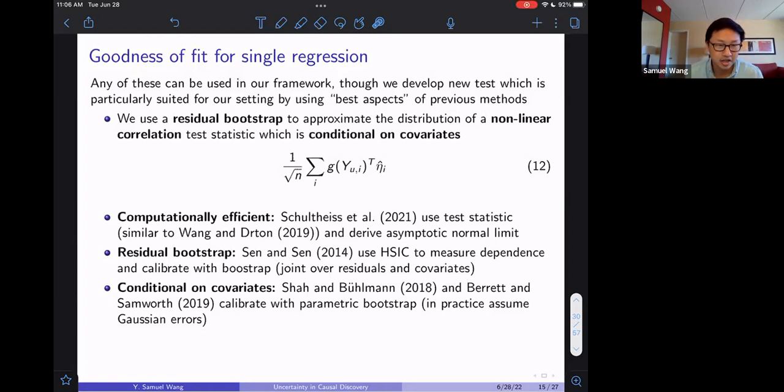As we'll talk about in a few slides, this allows us to produce tests which will be independent across each level, so that we can combine the results in a way that doesn't lose as much power. Stylistically, this is similar to the conditional tests brought up by Shah and Bühlmann and Barber and Samworth. But in those works, instead of a residual bootstrap, they propose a parametric bootstrap, and in practice they assume that the errors are Gaussian.